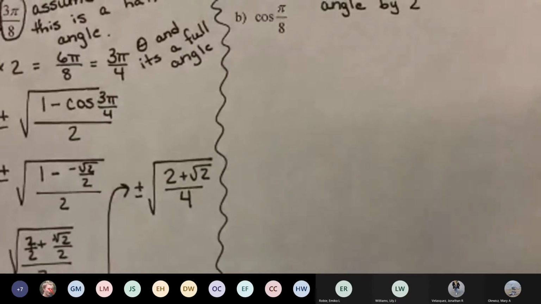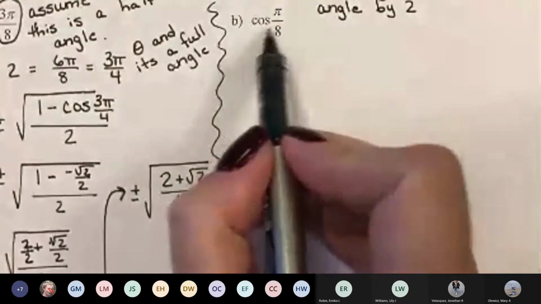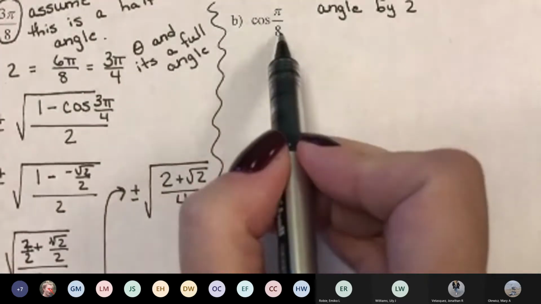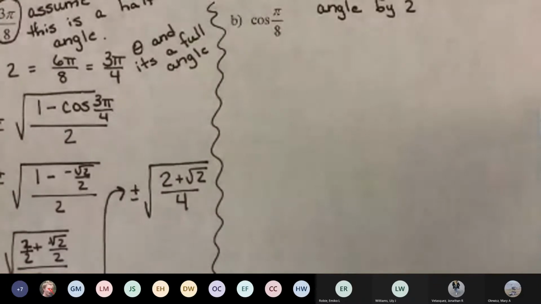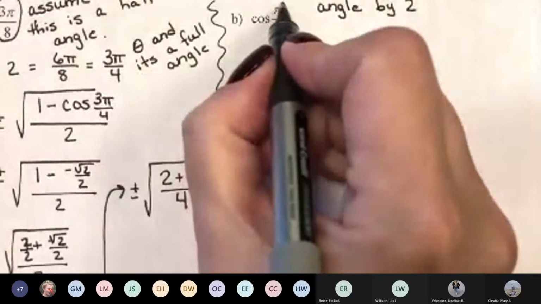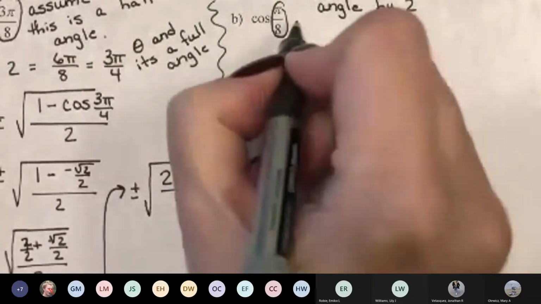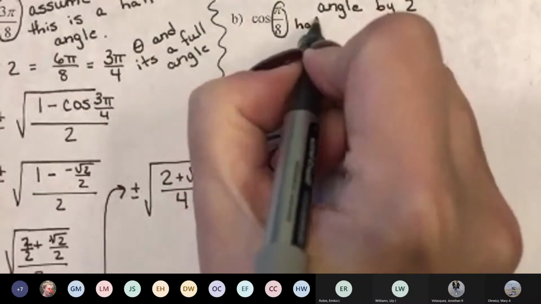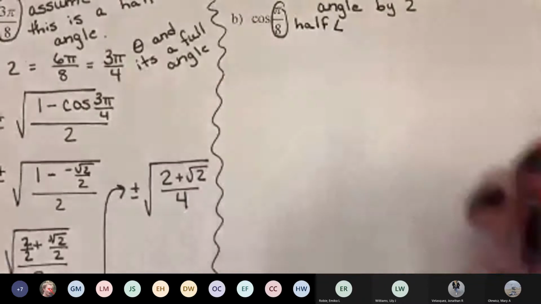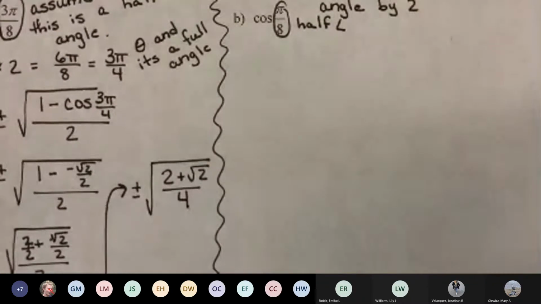Okay, so let's look at example B. Example B asks you to find the cosine of pi divided by 8. So this value, the one that I'm circling, that is a half angle. We need the full angle so we can put it in our formula. So let's go do that.